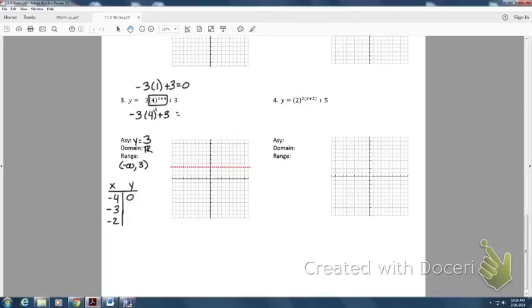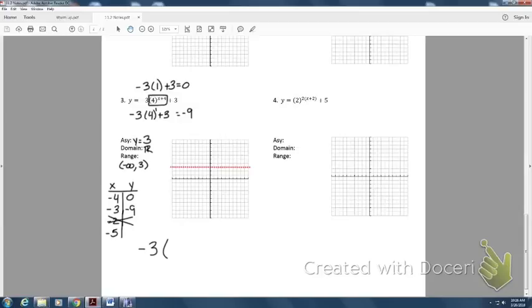Plus 3 is negative 9. So that means that if I do the squared one, is that probably going to fall off the graph? Yes. So instead of finding that one, I'm going to find the one that has an exponent of negative 1.